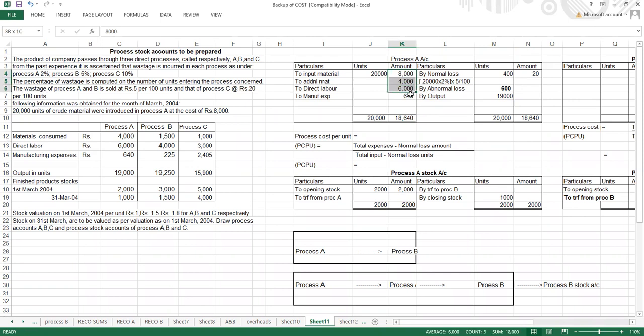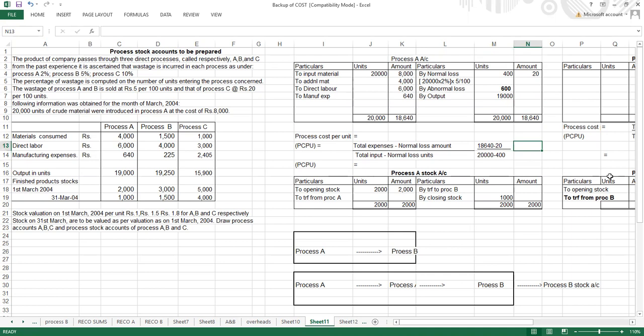Total expenses 18640 minus normal loss amount 20 upon total input 20,000 minus normal loss units 400. Okay, I haven't put an equal sign or plus sign before starting the calculation, so it will be taken as text. Okay, so you can see it.